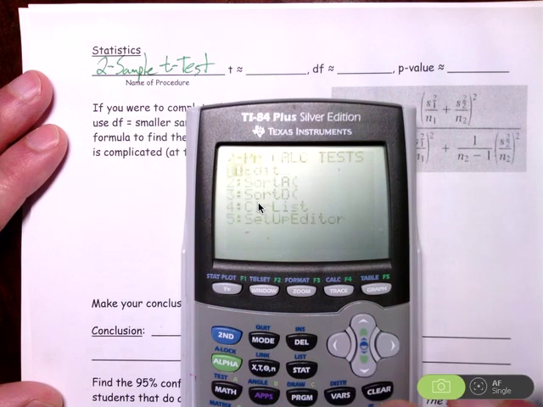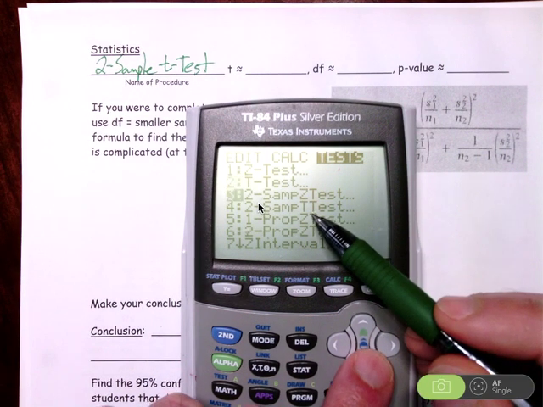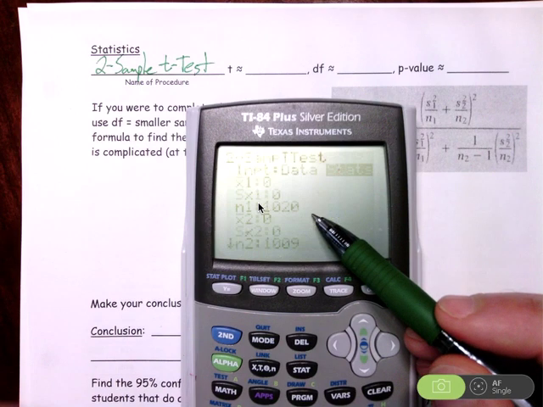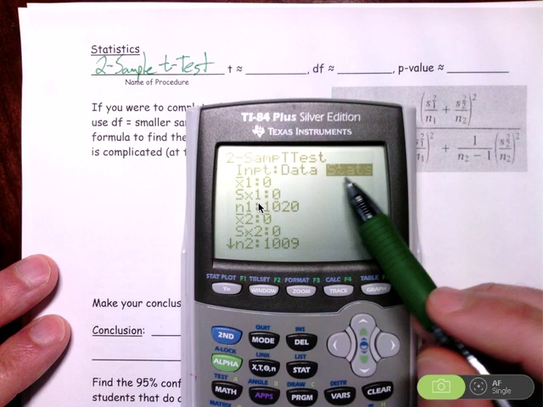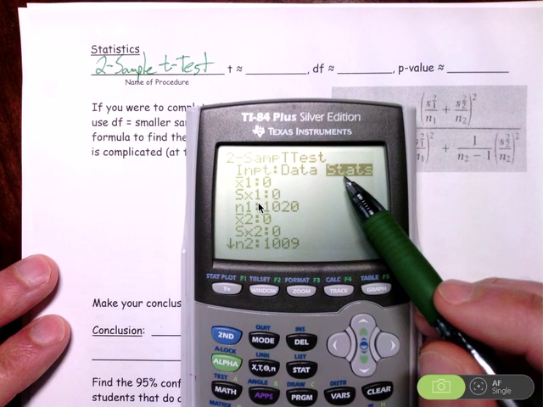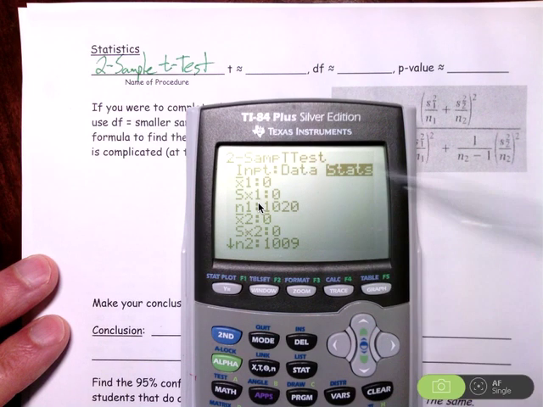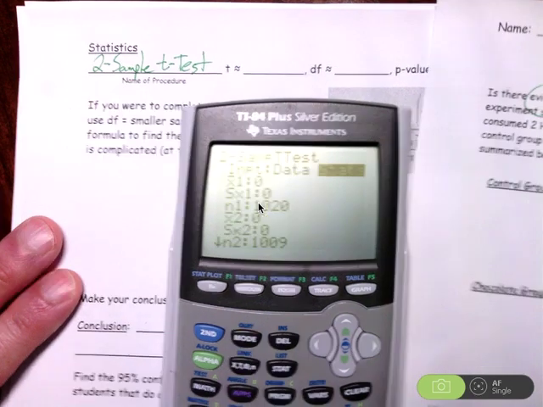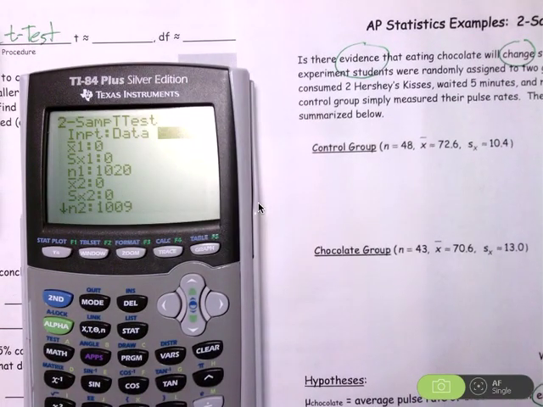If you press Stat and go to Tests, we're going to go to two-samp t-test. We are going to enter the statistics, so choose the statistics option. The data option would be if you have data in lists in your calculator, you could specify those lists. Here, I've summarized the data, so we will enter our data.